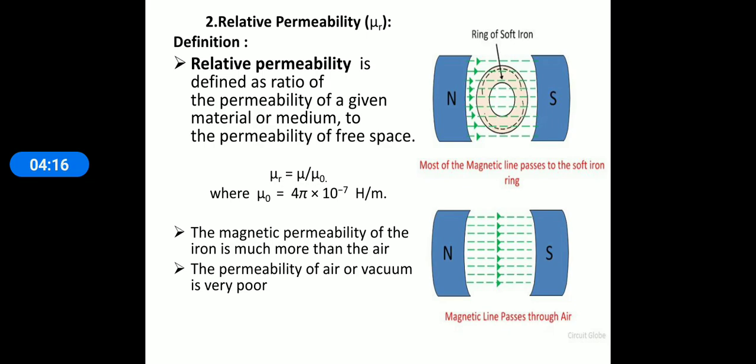The magnetic permeability of iron is much more than air. That is, the permeability of iron is more as compared to the permeability of air. The permeability of air or vacuum is very poor.